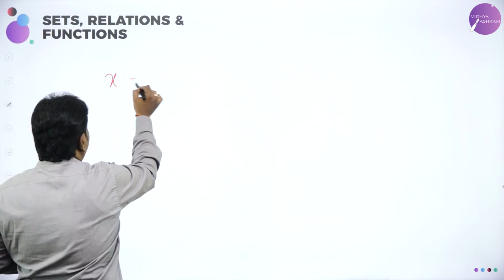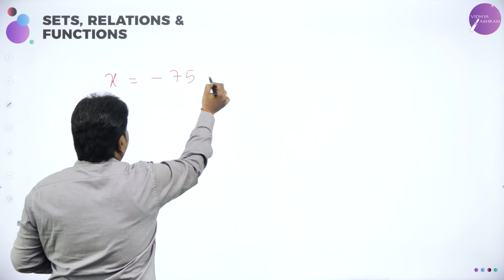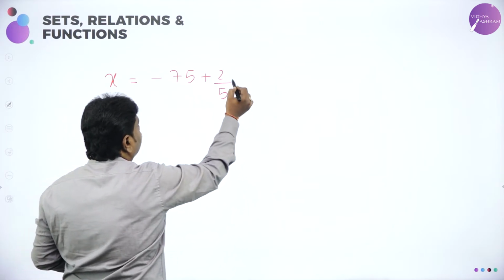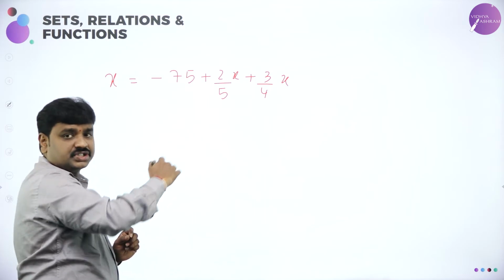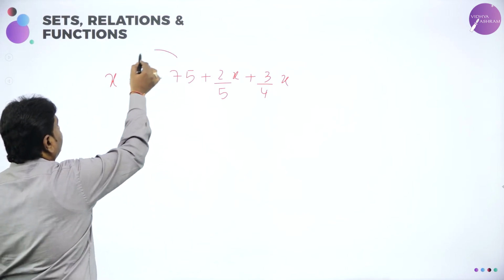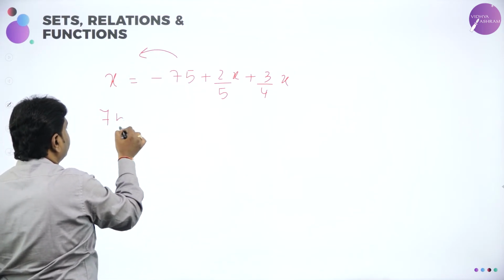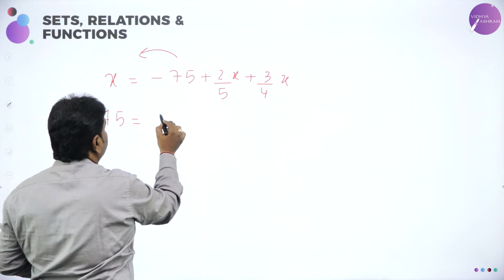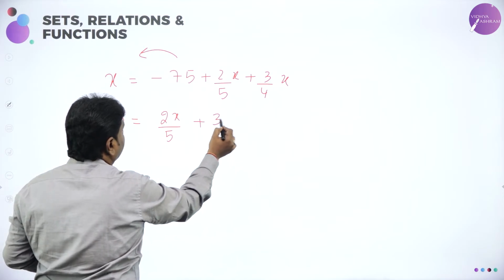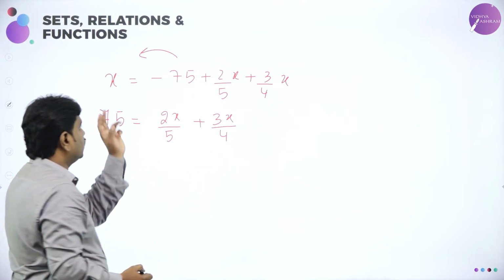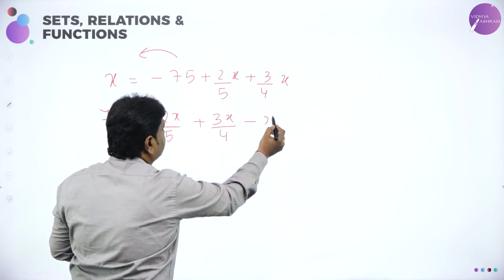Now I have x is equal to minus 75, plus 2/5 of x plus 3/4 of x. This was the equation in the past page. So now 75, you bring this side, it will become plus 75, and 2x by 5, 3x by 4, and transfer x to the other side, so it will become minus x.